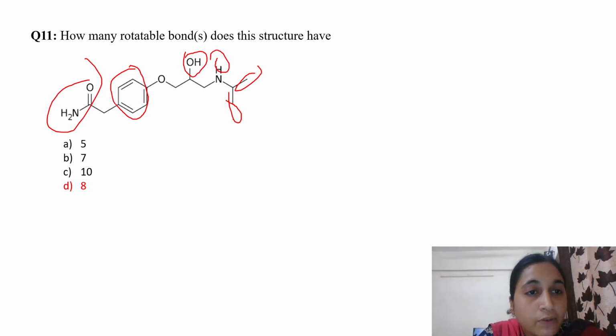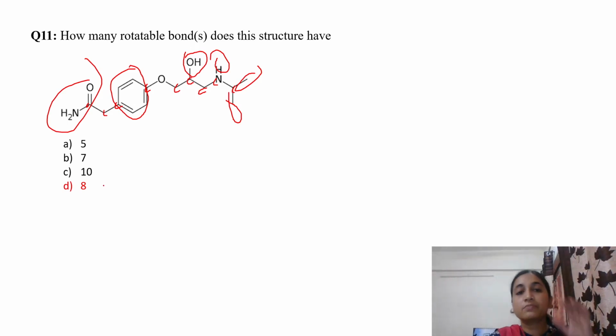So how many rotatable bonds are here? This carbon and this carbon, one, this two, and then this carbon connected with this oxygen, three, this carbon connected with this oxygen, four, and this carbon with this, five, six, seven, and eight. So the answer will be eight. Here there are eight rotatable bonds in this structure.